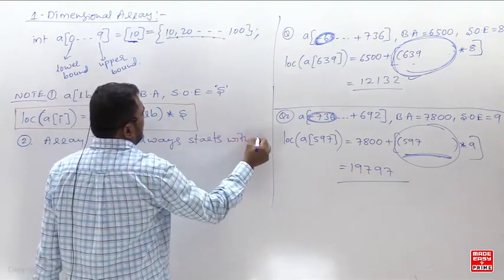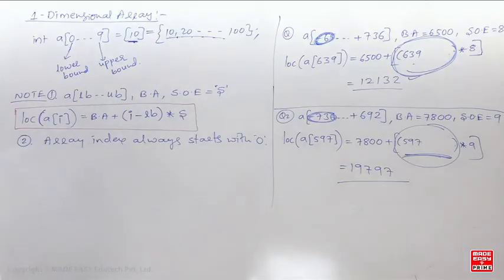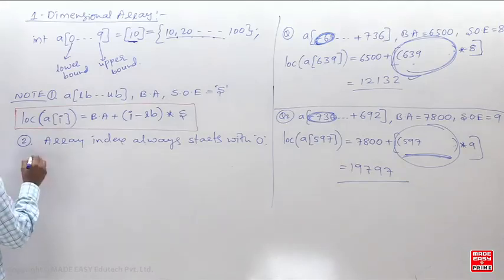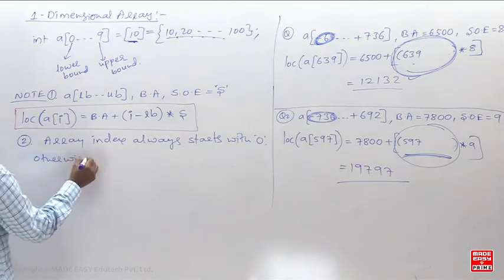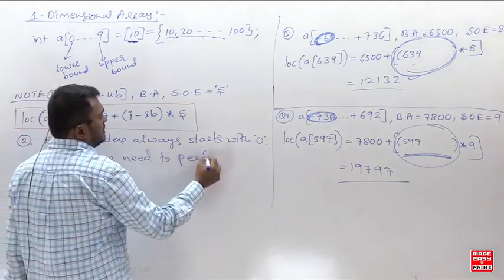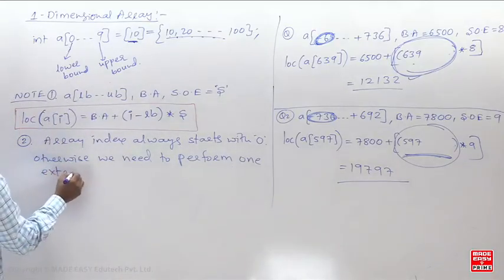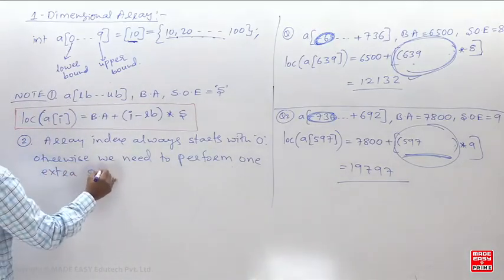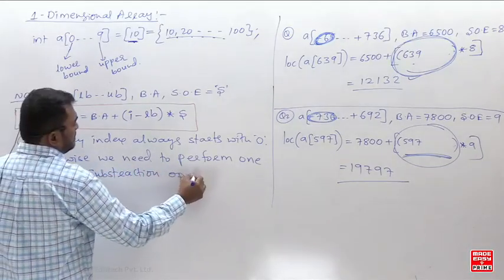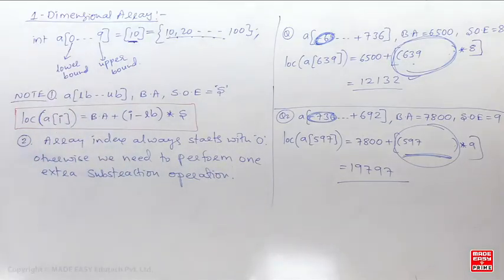Array index always starts with 0 because, otherwise, we need to perform one extra subtraction operation.